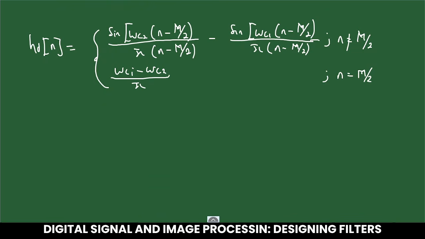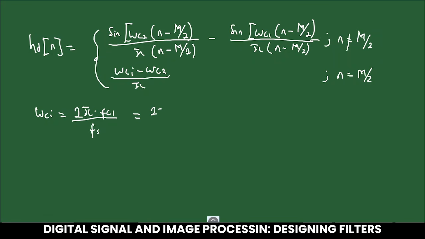So we have to find the values for some important parameters like the cutoff frequency, so that we will substitute them. Then, left with only n, we keep changing the values of n to calculate the ideal frequency response. So let's first calculate the cutoff frequency, and we have the formula for the lower cutoff frequency: 2 pi times the cutoff frequency divided by the sampling frequency.